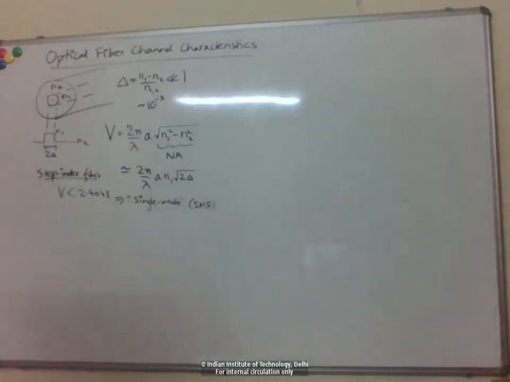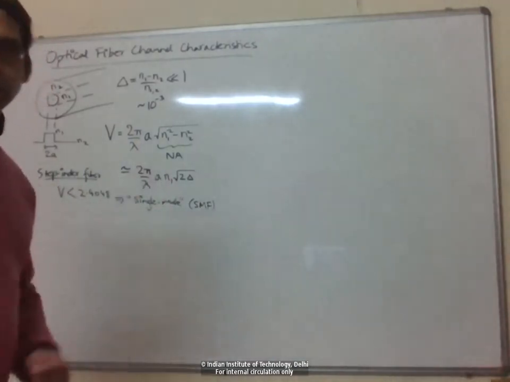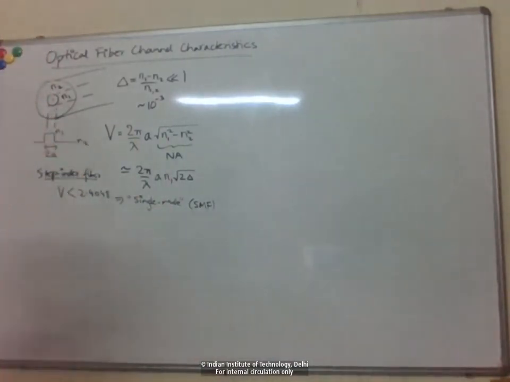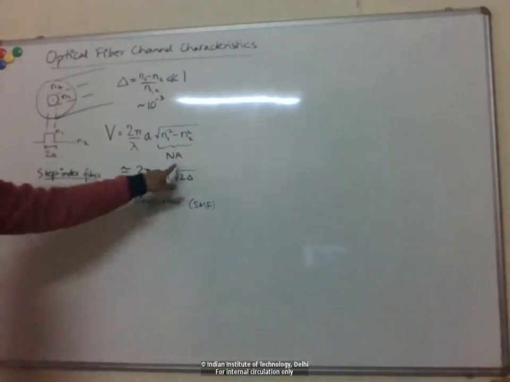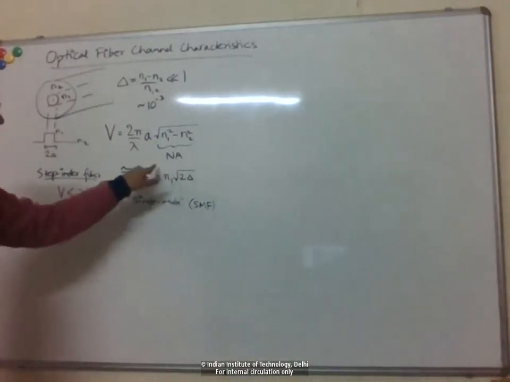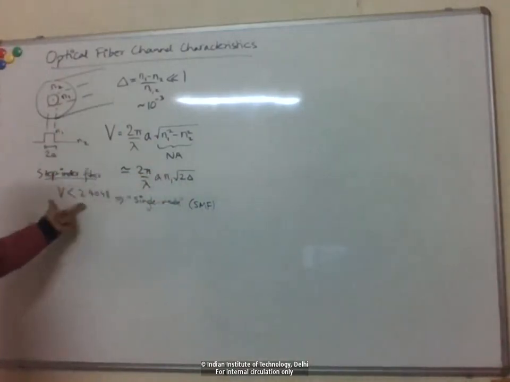And typically nowadays in modern day communication systems, we basically use single mode fibers. We'll see the reasons for that when we discuss dispersion. But basically the core size, the index difference, and the wavelength of operation are chosen such that this V number is less than this.